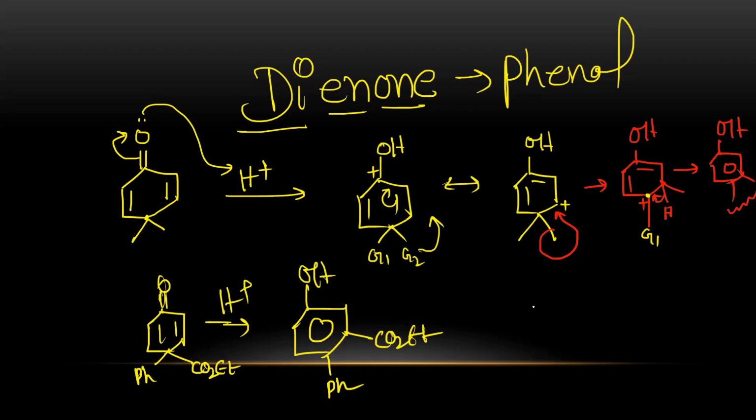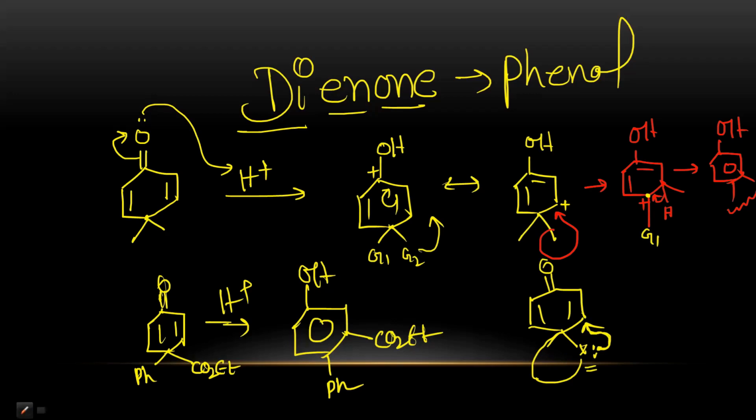Now if there is any group with one heteroatom, or any ring with one heteroatom, then this heteroatom with its lone pair, when the positive charge comes at this center, will have a tendency to donate its lone pair very fast here, so that group will migrate.